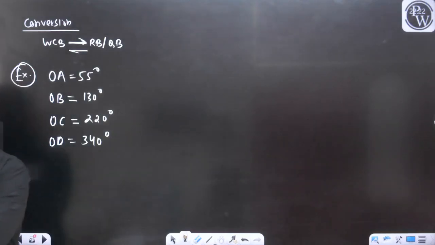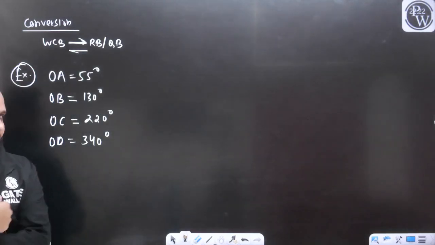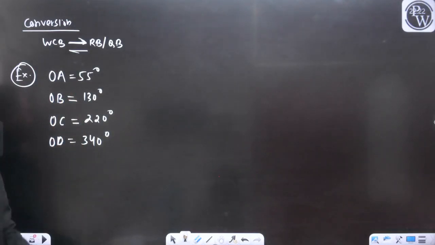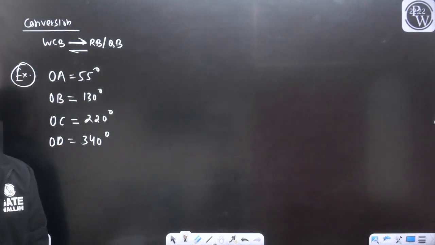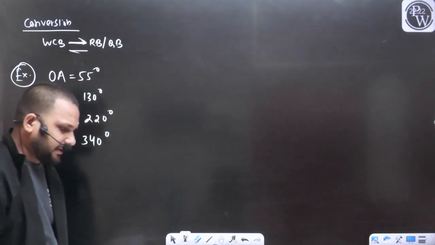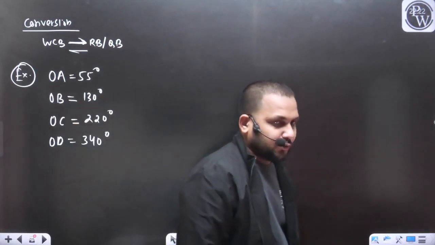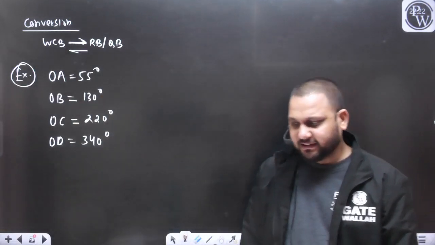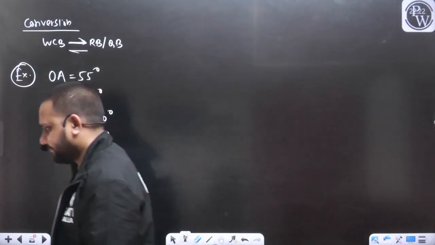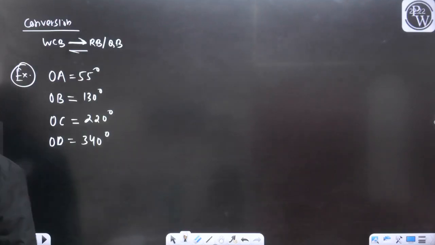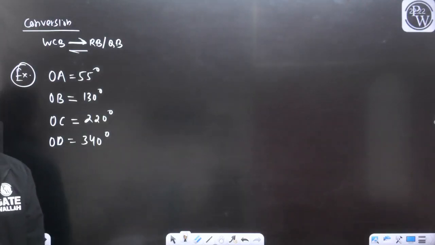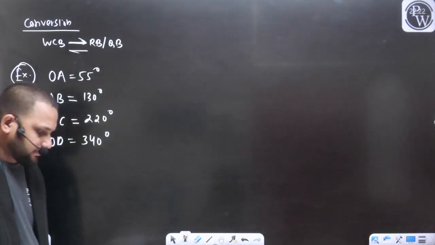All the given bearings are in the WCB system because only an angle is there for the representation of the bearing. Now you need to convert all these bearings to the RB or QB system.